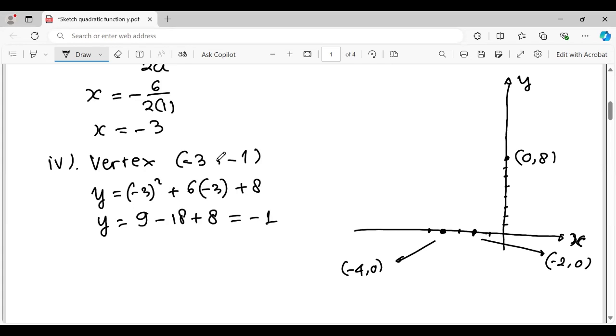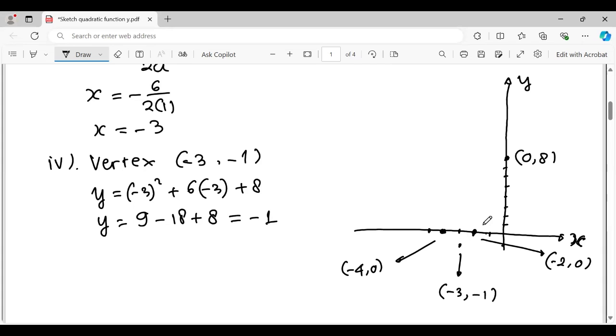And after that, find the vertex. The vertex is minus 3, comma minus 1. Minus 3, so minus 1, minus 2, minus 3, and minus 1 here. So this is the vertex. X is minus 3 on the x-axis, while y is minus 1 on the y-axis. This is the vertex, minus 3, comma minus 1.